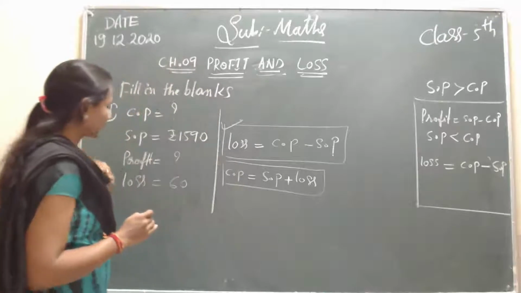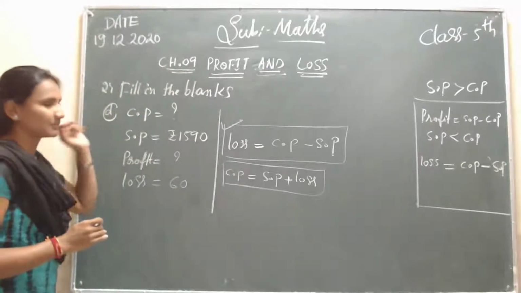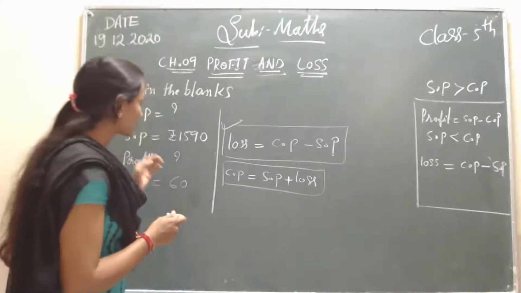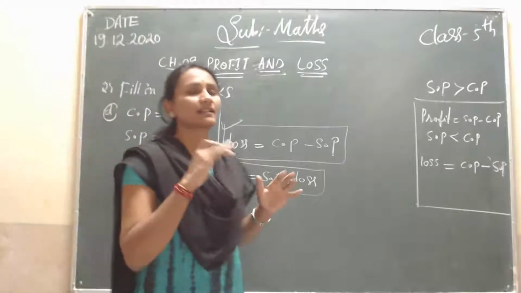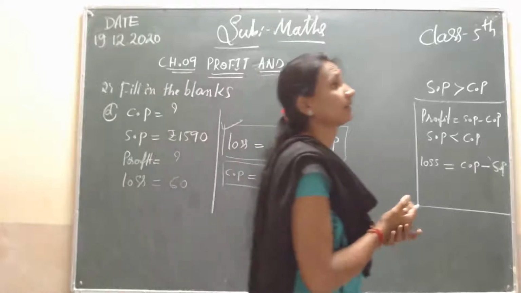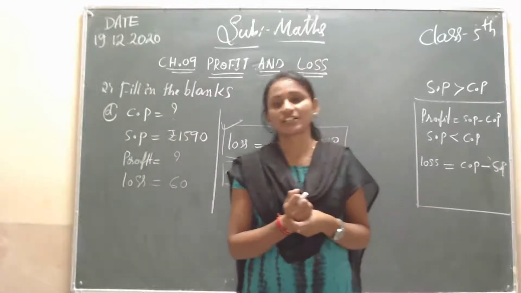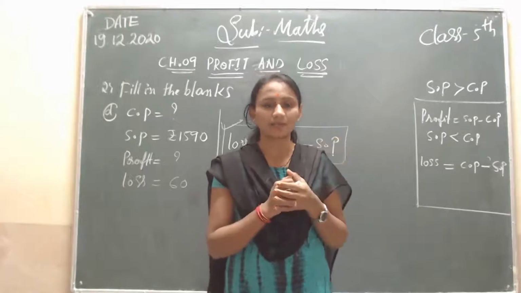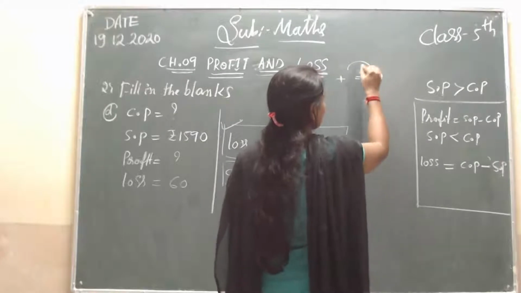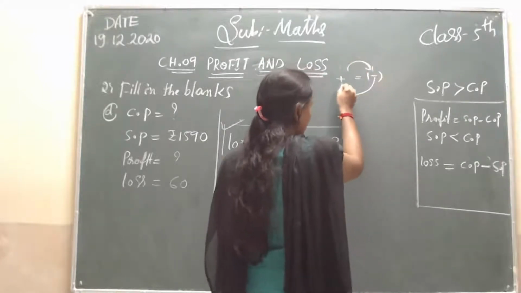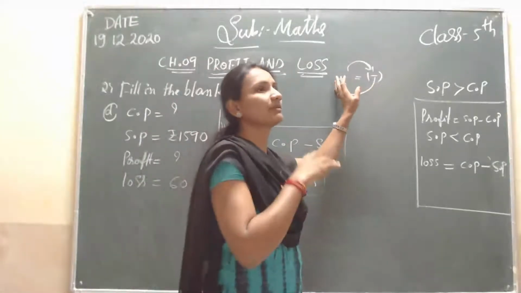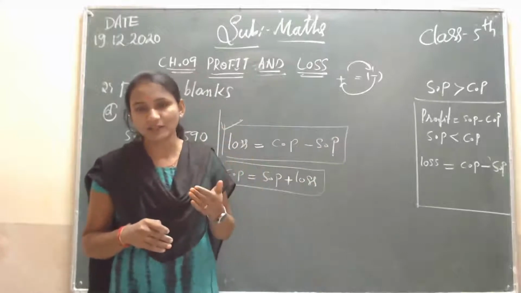You have to first write the formula and then change it. Students, I already told you that when a term moves from the left side to the right side of the equals sign, the sign changes. That is a rule: plus becomes minus, and minus becomes plus.